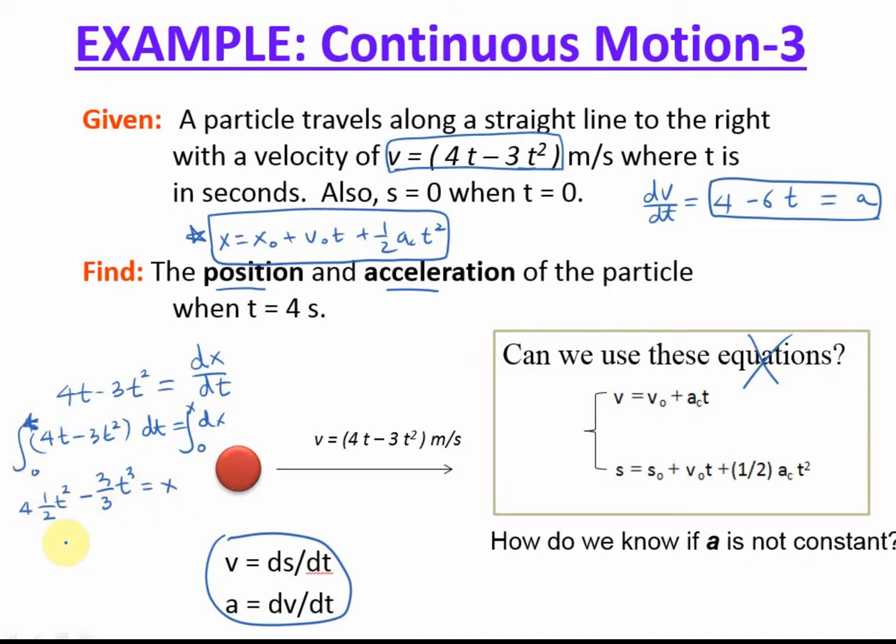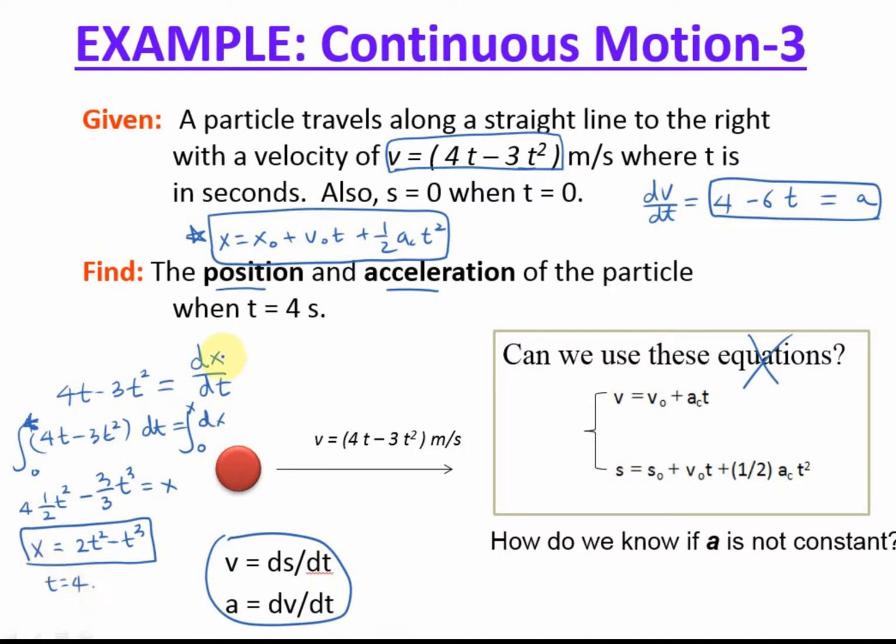Writing it a little better, this is 2t squared minus t cubed. So this should be your position equation. Right now I want to find the position when time is equal to t, so you can get x.